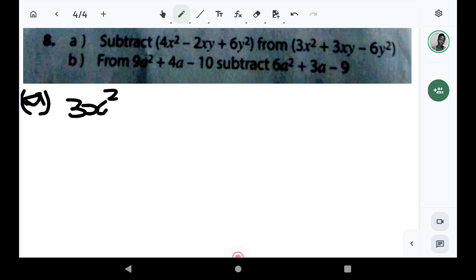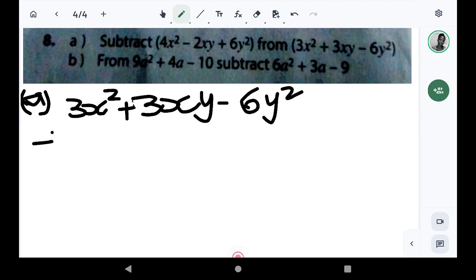We must subtract from this, so we start with what we must subtract from: 3x squared plus 3xy minus 6y squared.